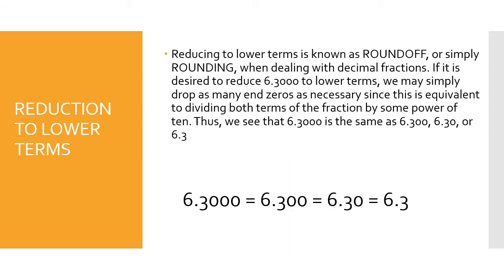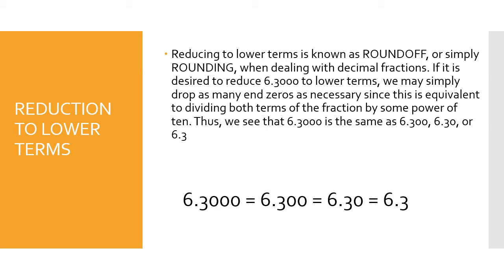Reducing to lower terms is known as round off, or simply rounding. When dealing with decimal fractions, it is desired to reduce 6.3000 to lower terms. We may simply drop as many zeros as necessary, since it is equivalent to dividing both terms by a fraction of some power of 10.